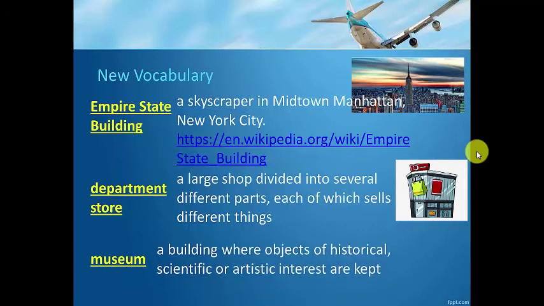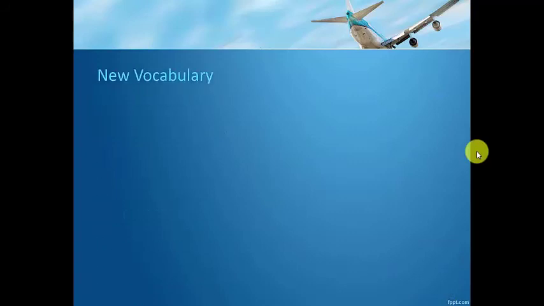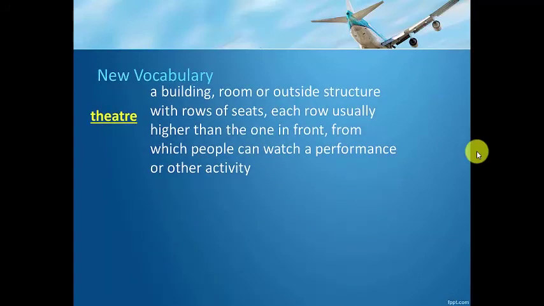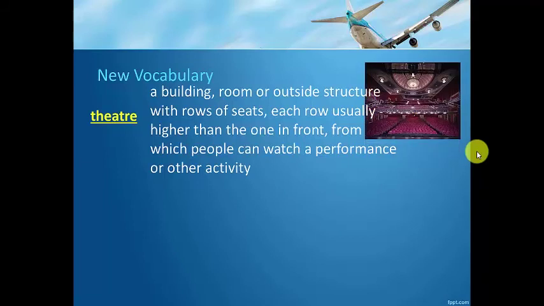Museum. The museum is a building where objects of historical, scientific, or artistic interest are kept. And this is the picture of the museum. Theater, a building, room, or outside structure with rows of seats, each row usually higher than the one in front, from which people can watch a performance or other activity, like this picture.